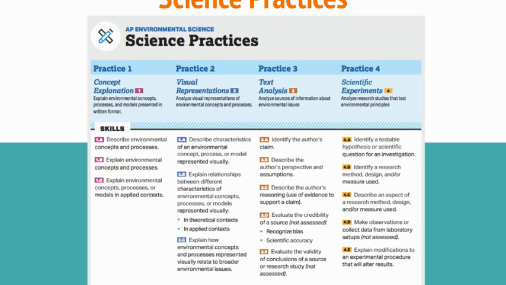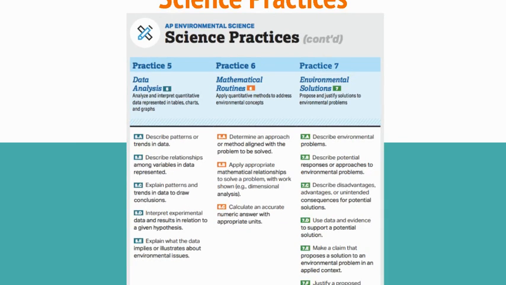Practice 4, this is scientific experiments. So this is being able to identify testable hypotheses, coming up with research methods, and identifying variables. So you'll see that a lot in the FRQ section. The last few is data analysis, mathematical routines. So this is analyzing and interpreting quantitative data that might be represented in a table, chart, or graph.